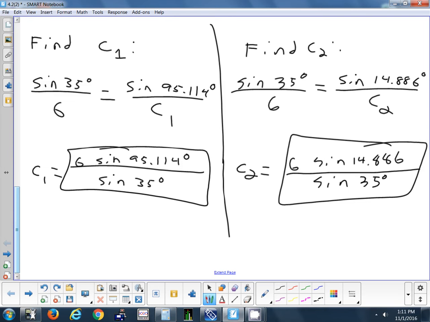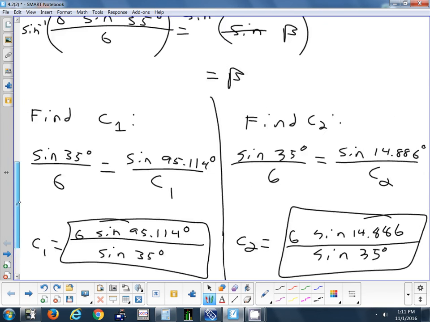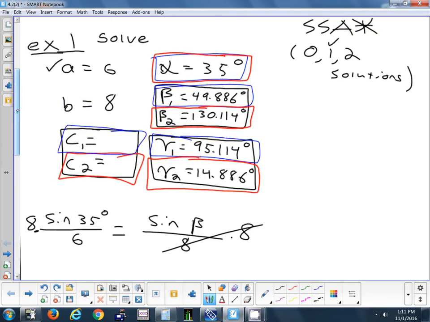All right, so anybody type in C1 and get that? Yeah. I got 10.419. Anybody else get that? Okay, seems reasonable. In the blue triangle, gamma 1 is the biggest angle, so C1 should be the biggest side, and it is.